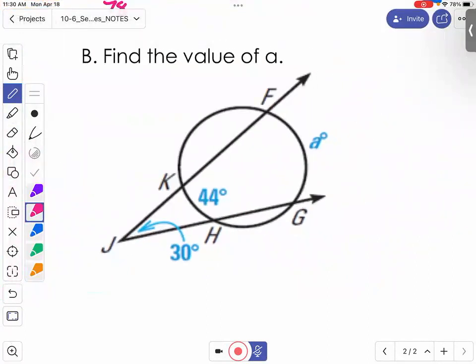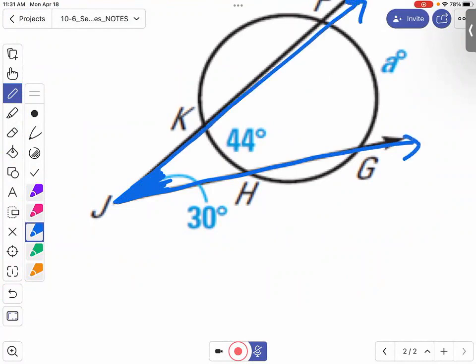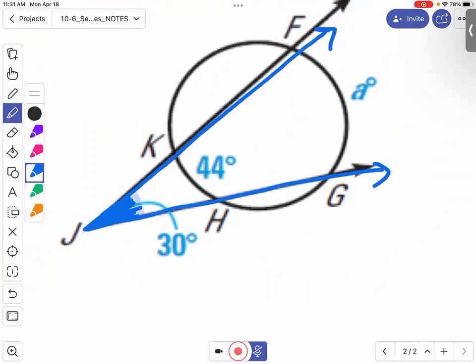All right, letter B, we've got another solve. We have our angle down in this bottom corner. When I draw my lines on out, then I can see where my sections of circle are. They have to be everything inside that angle.